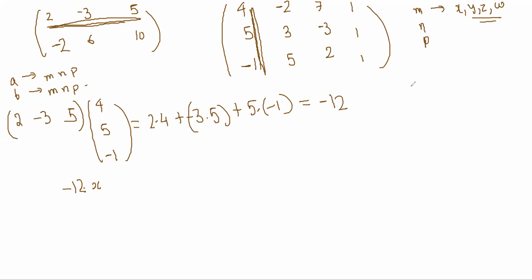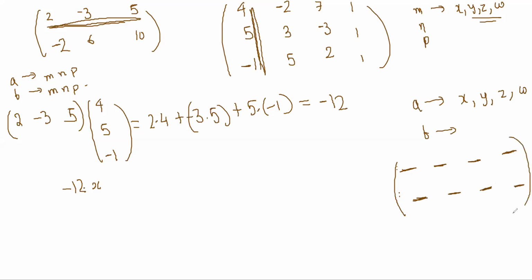So if you wanted to find A and B in terms of X, Y, Z, W, finally you should have a matrix which has two rows, A and B. You should end up with a matrix like this if you want an answer like this.